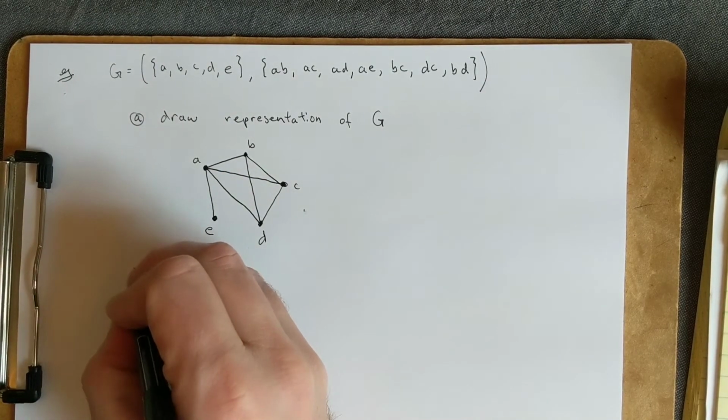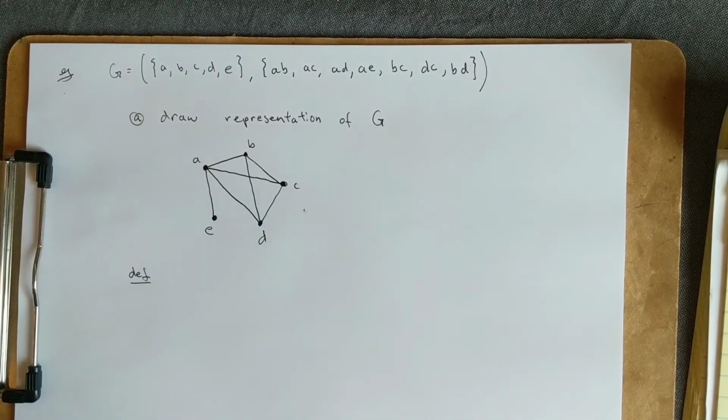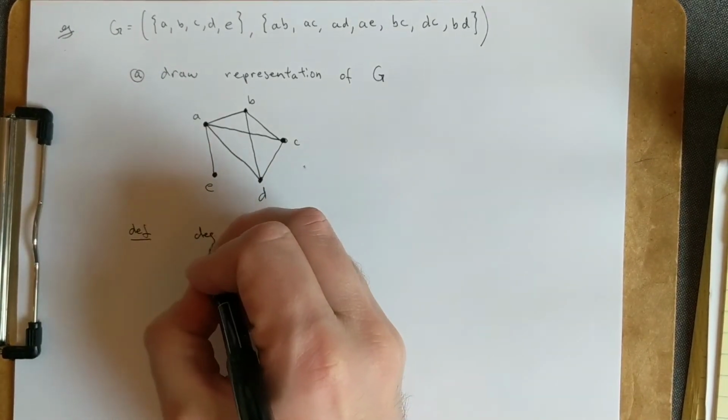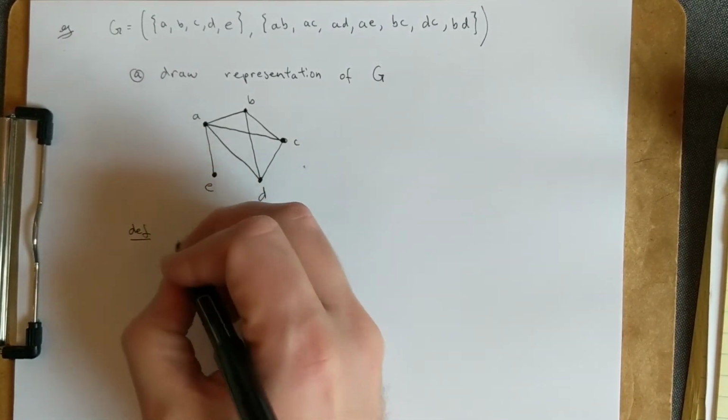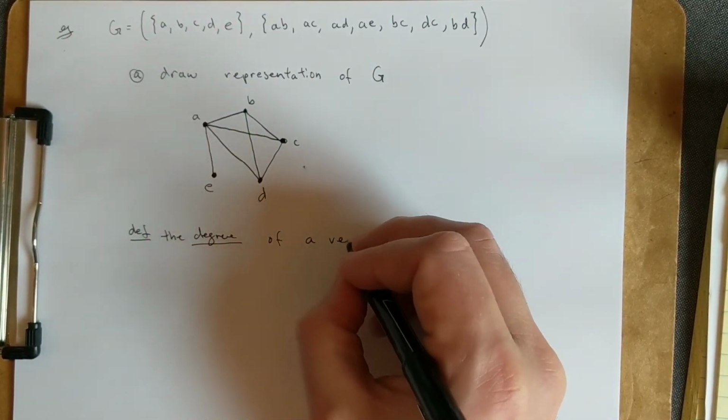So the thing we want to look at in this video is a definition called degree. This is going to be the degree of a vertex in a graph.